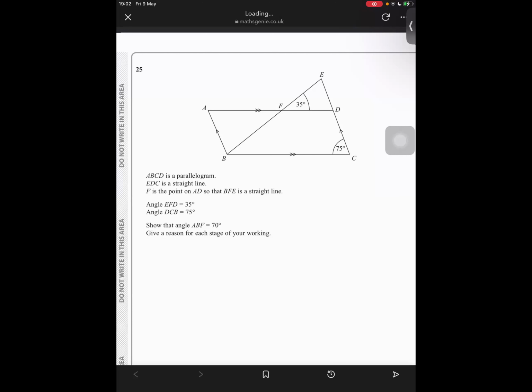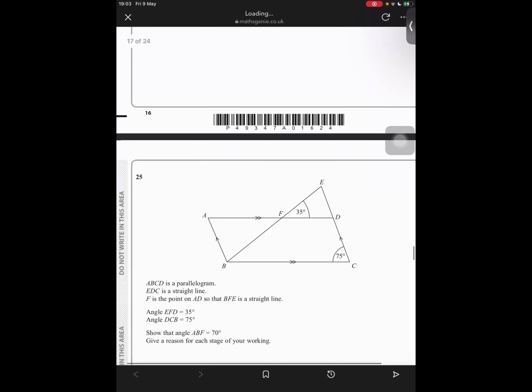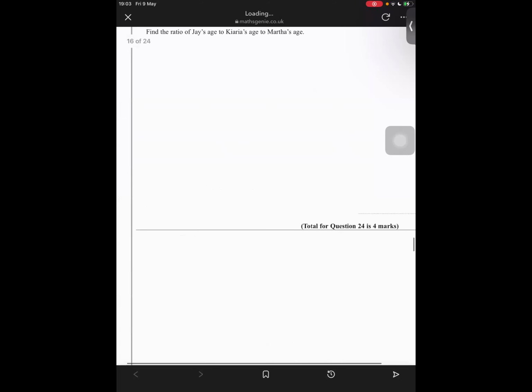So 35 plus 75, and then you get the sum and subtract it from 180. That is going to give you what ABF is. That's it. 70. Okay. So are you good with this? Yes. Okay. So we can move on.